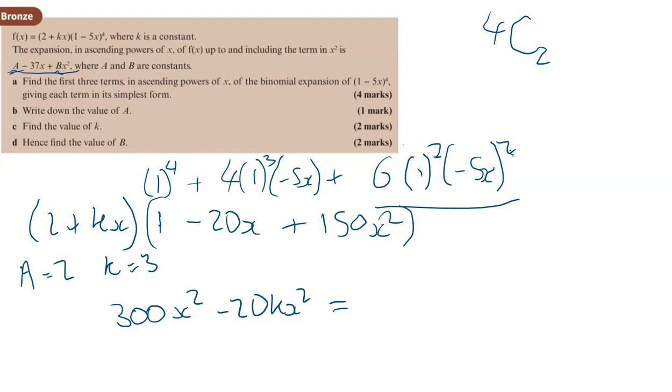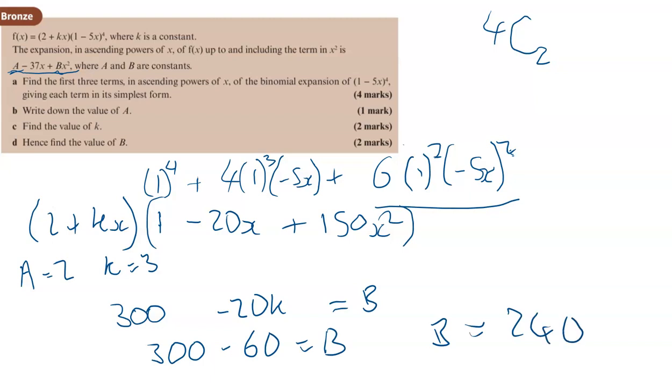And this is going to be the same as the bx squared term, so just looking at the coefficients, equating coefficients, we get this. And we know k is 3, so this is just 300 minus 60 equals b, therefore b equals 240. And we've got our three answers, 2, 3, and 240.